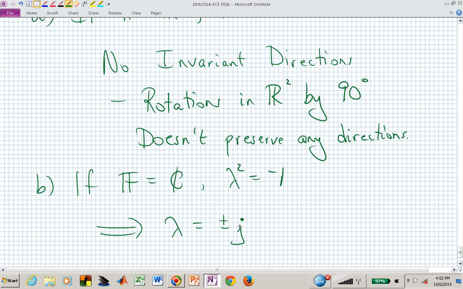Since we're in ECE 501b, we have plus or minus j, which is plus or minus the square root of minus 1. Those are our two possible eigenvalues that satisfy lambda squared equal to minus 1.